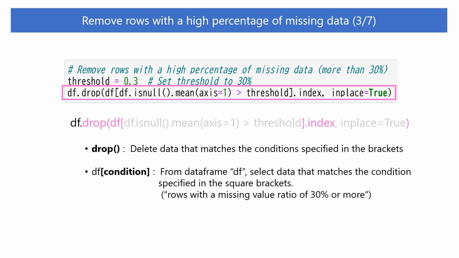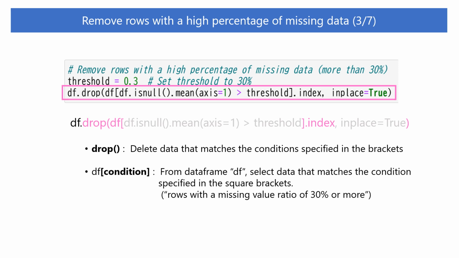The following line is the code to delete the data. Here, we use drop instead of dropna. Inside the brackets of drop, we specify the data to be deleted and the method of deletion. First, the data to be deleted. The data frame df is followed by square brackets, and then followed by an index.